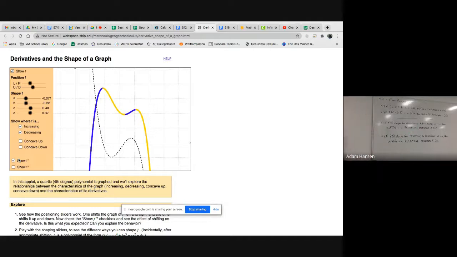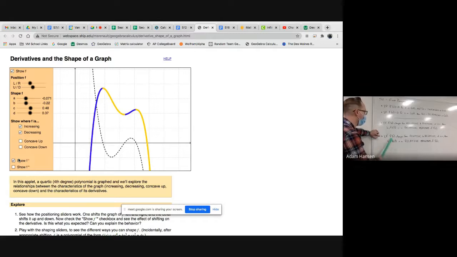At this maximum point, how does the derivative change? From positive to negative or negative to positive? How does the derivative change at this maximum point? Right. I go from going up to going down. So doesn't the derivative have to go from positive to negative? That's what this is telling us here.